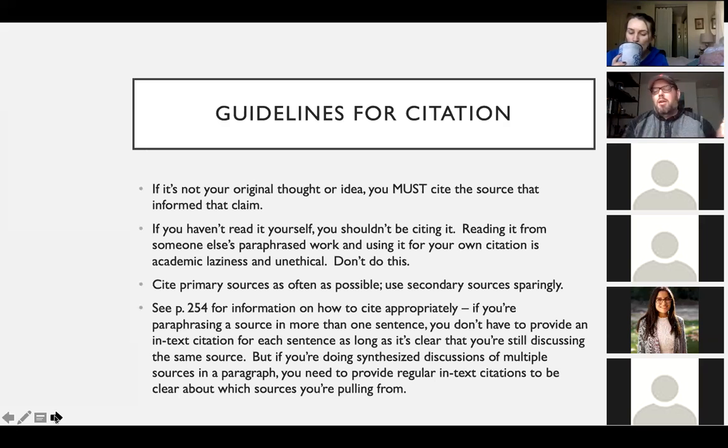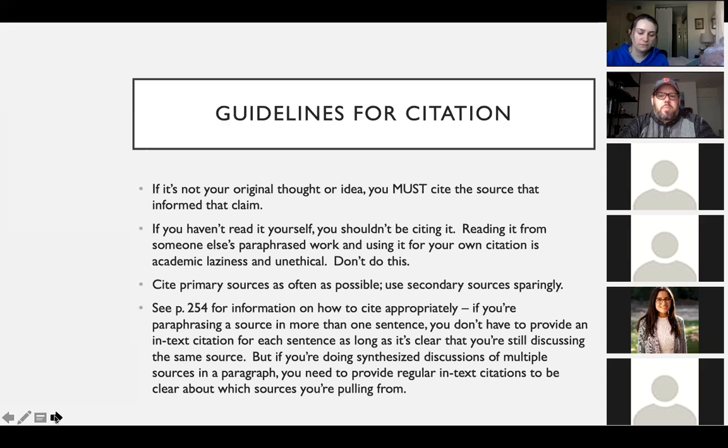Now, sometimes we can't find that original source, so then using a secondary source is fine, but we want to use that very minimally, because it lapses into some unethical territory if we're basically saying, oh yeah, I'm just pulling this person's reference from the end of their book, but I didn't read it, right? That's just not a good way of conducting our work.